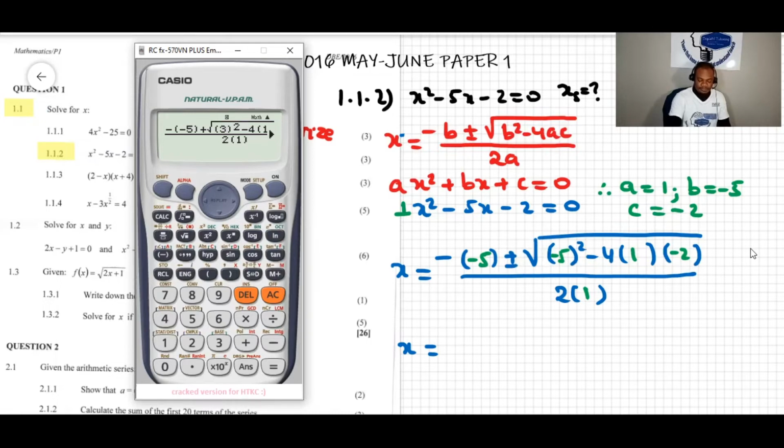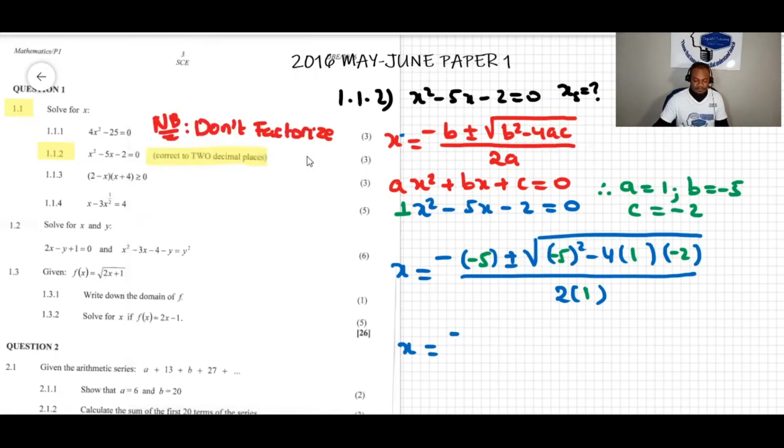So minus -5, b squared, minus 4a, which is 1, and then c is -2, over 2a, where a is 1. When I press equal, I'll get 5 plus root 33, over 2.